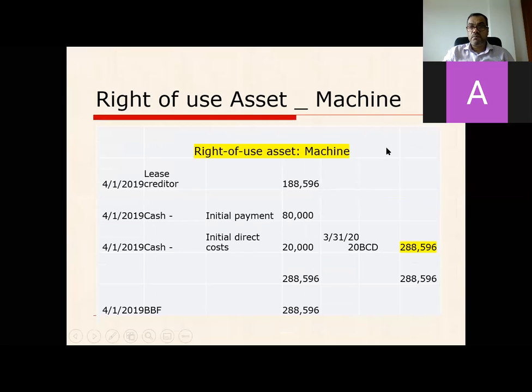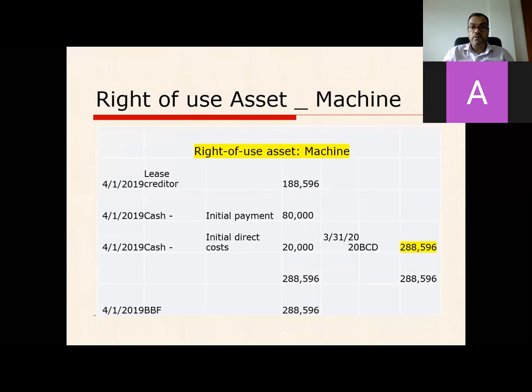Right of use asset, machine. This entry comes straightforward from the liability account, debit here, credit the lease liability account. But this is not the only cost of this machine. The right of use asset has to be recognized at its cost initially.